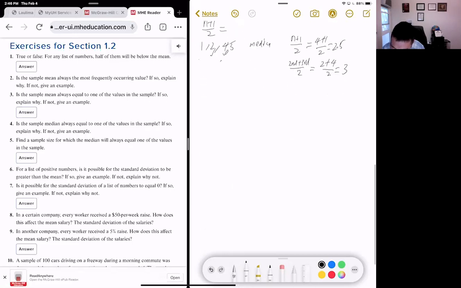Standard deviation, we call that sigma. Sigma tells us about the spread, or the range of the values. If the sample items are very close to each other, then the standard deviation will be small. If the values have a very big range, then sigma will be larger.